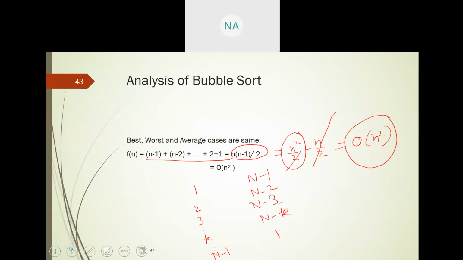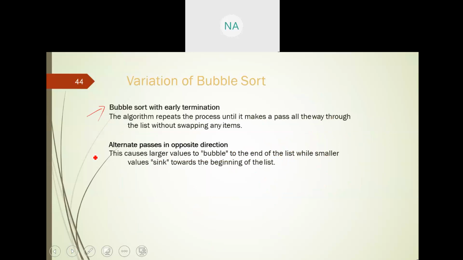Okay, now the second variation of the bubble sort. In the second variation, you sort the array in opposite directions in alternate passes. In the standard bubble sort algorithm, you bubble up the largest element towards the end of the list. In this variation, in one pass you bubble up the largest element towards the end of the list, and in the next pass you bubble down the smallest element towards the beginning of the list.